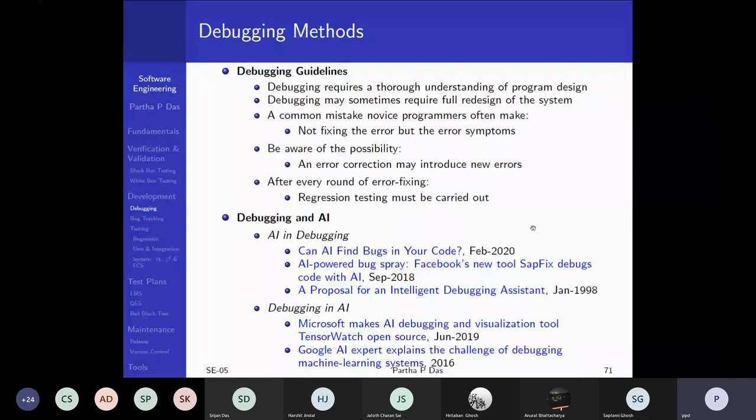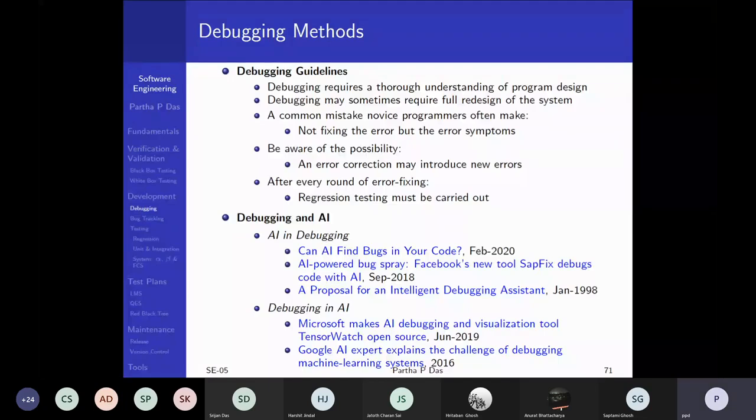It may require full redesign, and there are certain common tidbits, common mistakes: you fix an error, you don't fix the error, you fix the symptom. There's always a difference between the error and the symptom. Symptom is what has manifested. That's the observable value. The error may be because of something else, right? Something wider. So if you just fix the symptom, then the error may still be there.